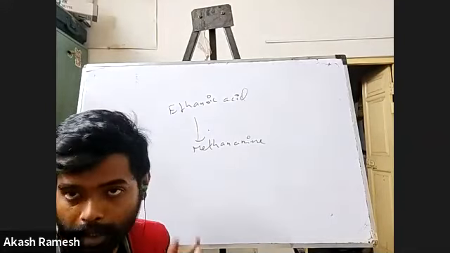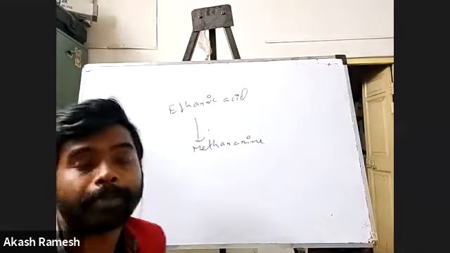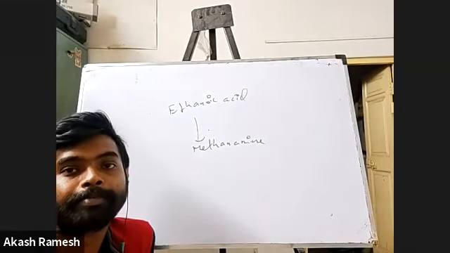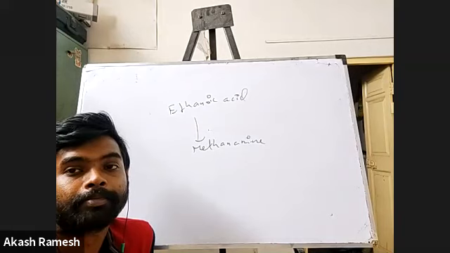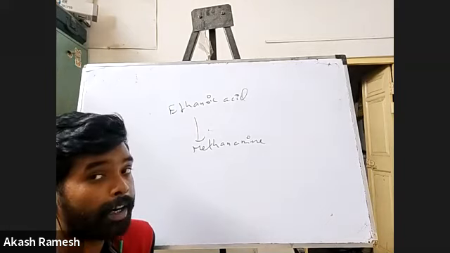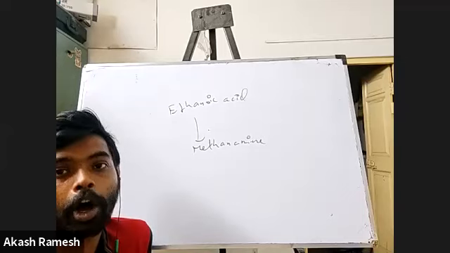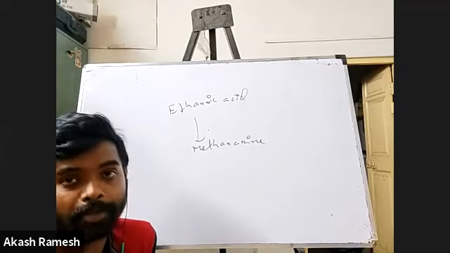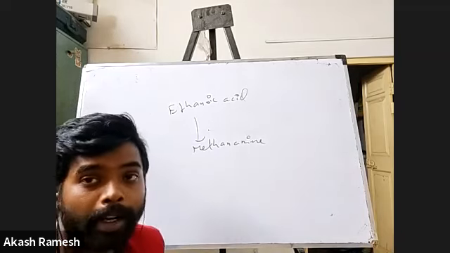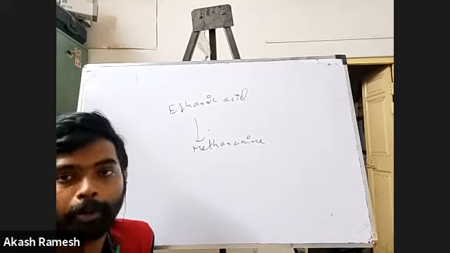So you see, there's one carbon atom less. Yes, Hoffmann bromamide reaction, right? So for the Hoffmann bromamide reaction, first we have to convert the ethanoic acid to amide, sir. Okay, good. Then you can go for Hoffmann bromamide degradation.